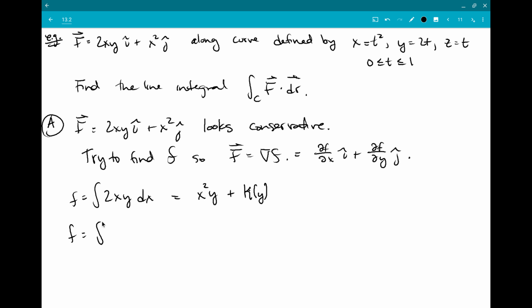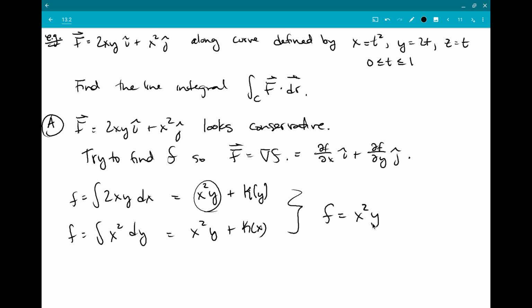And I know that it should be given by the second component integrated with respect to y, which would again give me x squared y, but now with some unknown constant with respect to x. Since I can see that I haven't created any extra terms, those unknown constants actually don't exist, and my function is just f equal to x squared y.